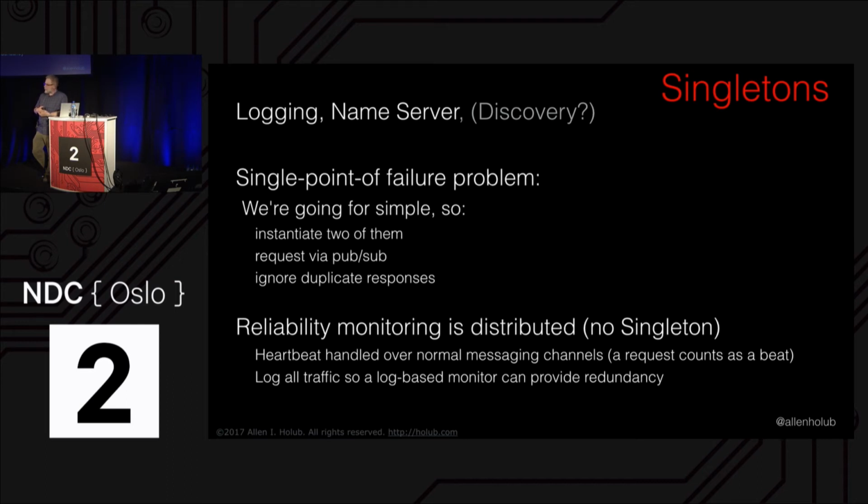Reliability monitoring is also an issue here. I have to have a monitoring system. The logging system is another singleton. There's a logging service, 2 instances of it that are running in parallel. And the logging system does accumulate logs, but I'm not really doing much with them.